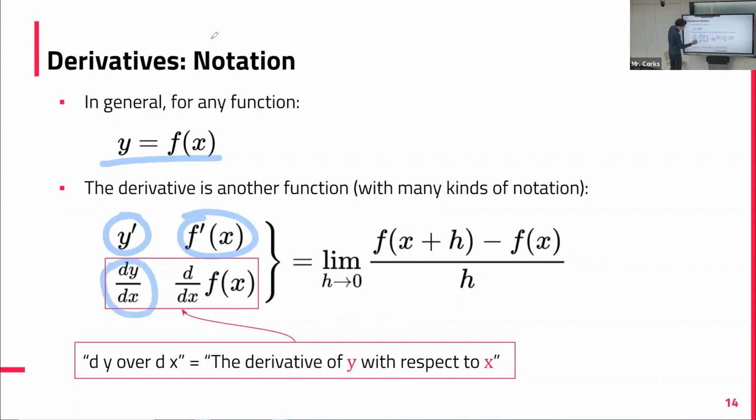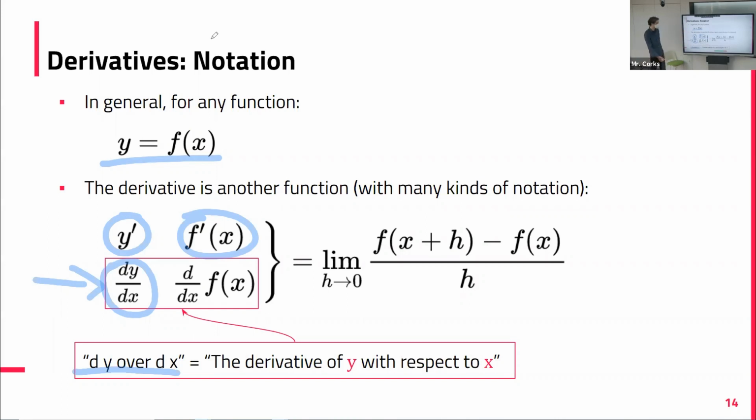First one here, dy over dx. This is how we read it on the bottom, or more formally, the derivative of y with respect to x. That's this thing here. So this is not a fraction. If this is your first time seeing this, you might think, well, d divided by d. No. Just exactly this form means derivative.